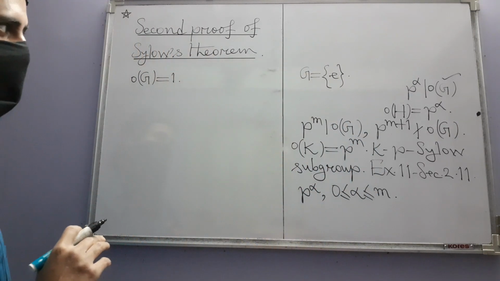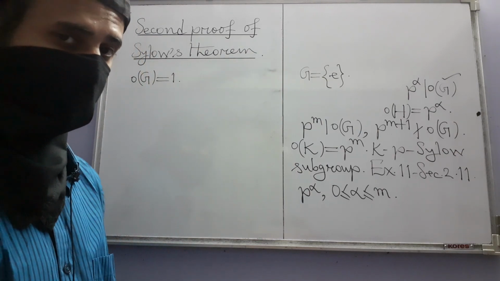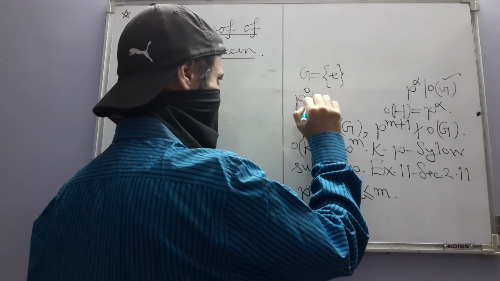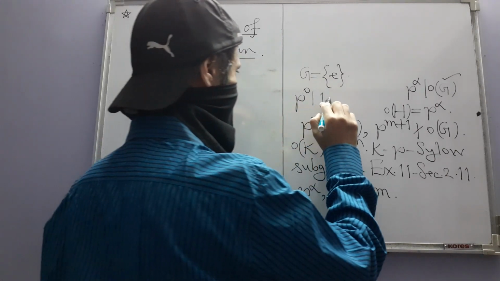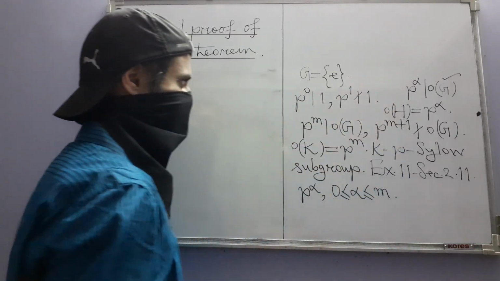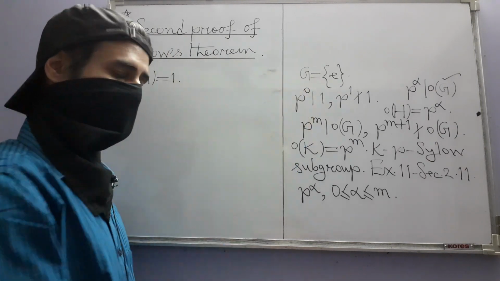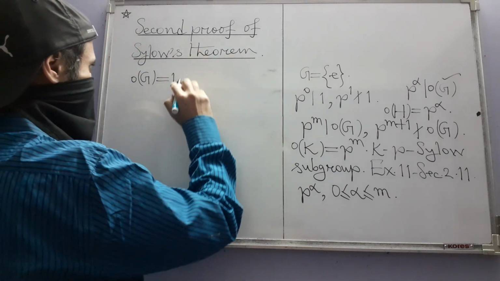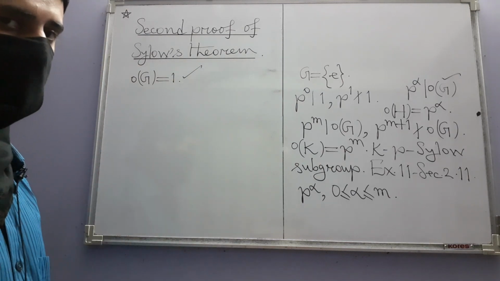In this situation, what is the largest power of p that divides the order of G? p to the power 0. p to the power 0 is 1, and that definitely divides 1, which is the order of G. But p to the power 1, the next higher power, of course does not divide 1. Now, does G have a subgroup of order 1? Yes, which is G itself. So that means in this case the claim is true, and this is the basis for our induction.